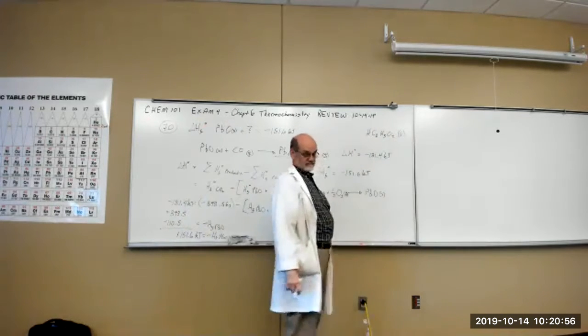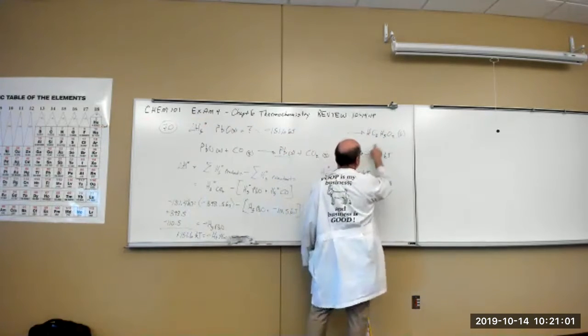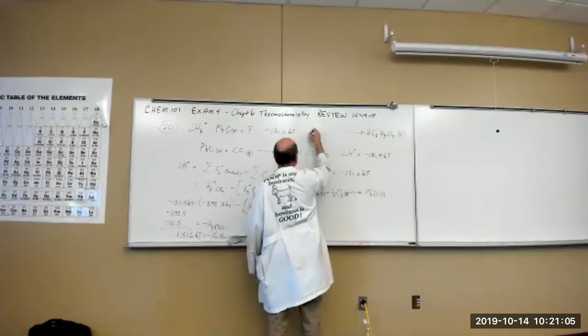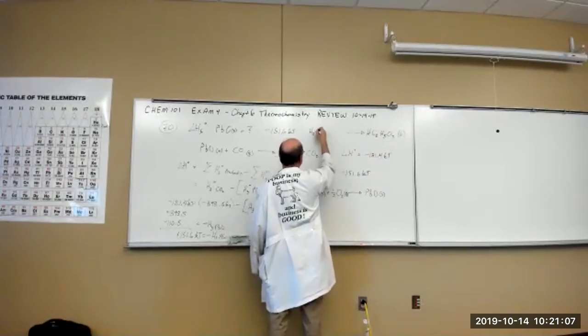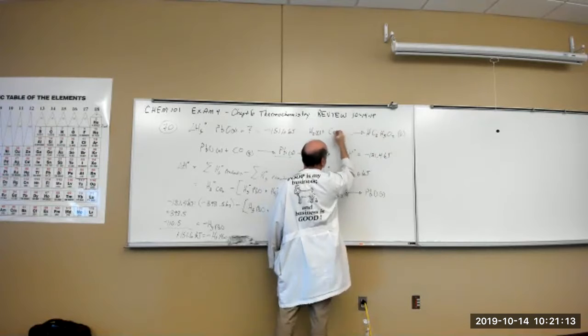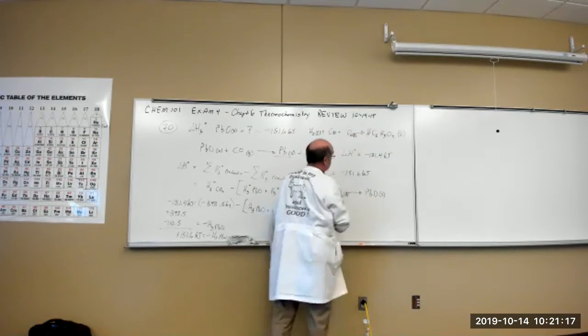Acetic acid. Okay, so what do we have? We have 1, 2, 3 elements. H2, gas, carbon, solid, and O2, gas. Right.